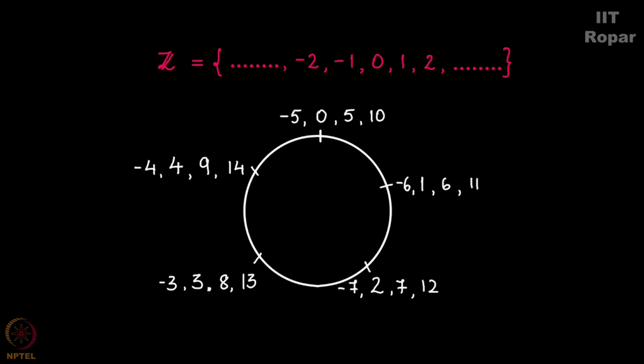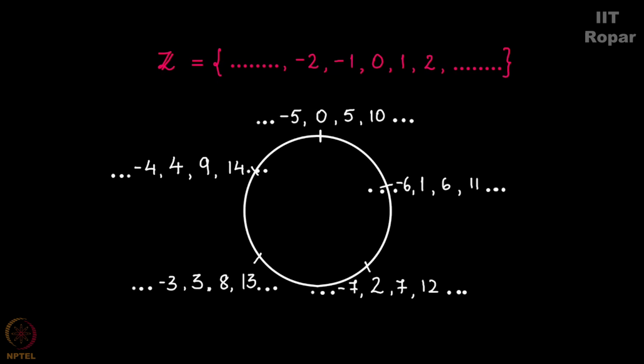And now I'm going to continue like this. I can put dots, which means that this will go on extending in the positive side and the negative side as well.